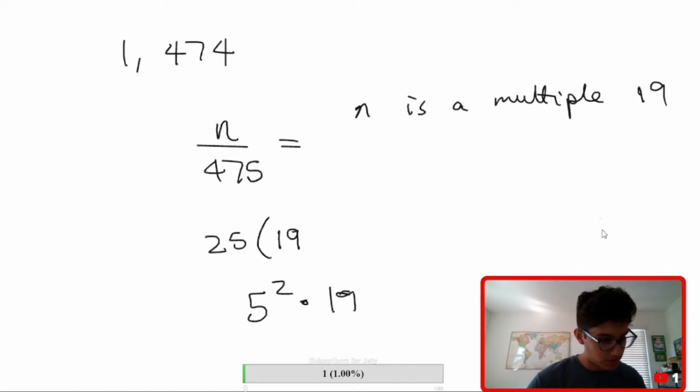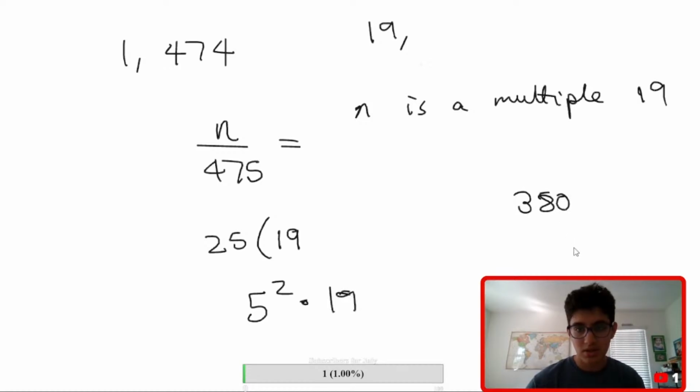There shouldn't be, because you've got 5 squared in the bottom. So any multiple of 19, the first one will be 19, the last one will be, let's see, 380 plus 95. So 475 would be the last one, but it's obviously not that. So it'll be one below that.